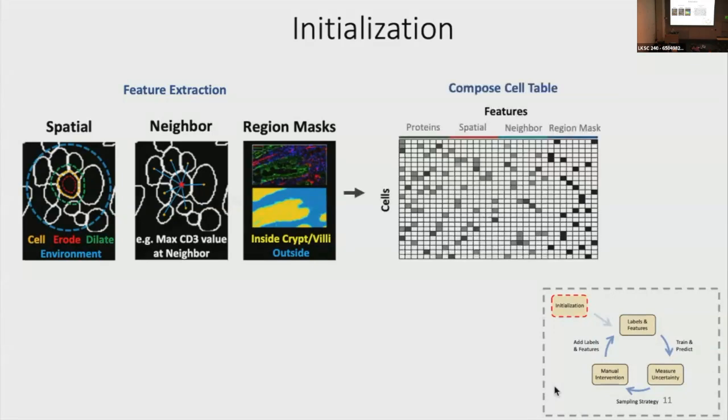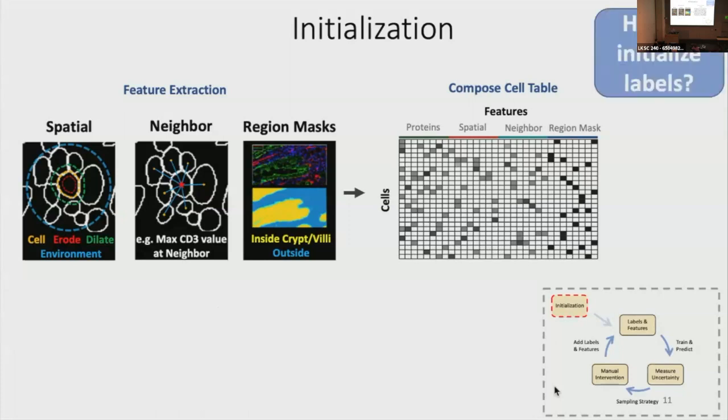Once you do this, you extract for each cell the values of the proteins in the cell, but also in those spatial domains and the neighbors and region masks. And it's really flexible for any input. You could give any kind of pixel classification like Pixie as an input. You can give the probabilities like from Nimbus as an input as well, and cellular features like morphology, things like that. But how do we initialize the labels?